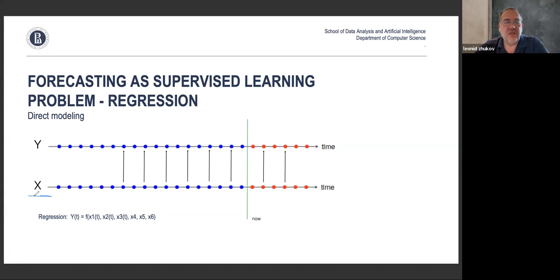Let's say we have variables x, and we try to predict the value of variable y, and it could be that y is our time series, right? Here it's left to right.